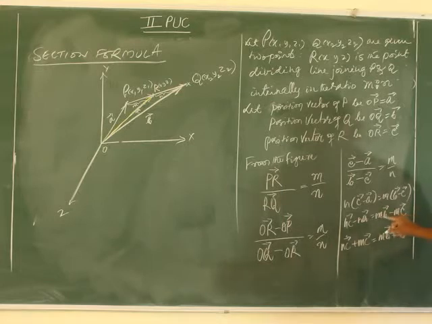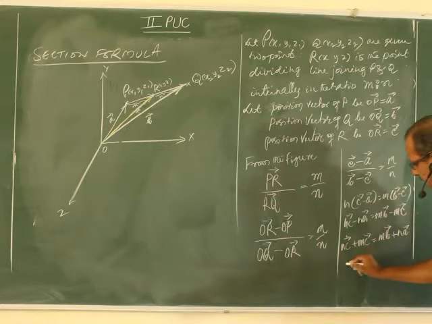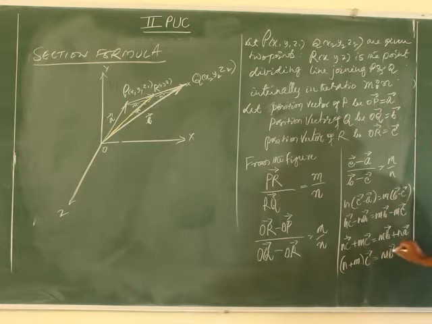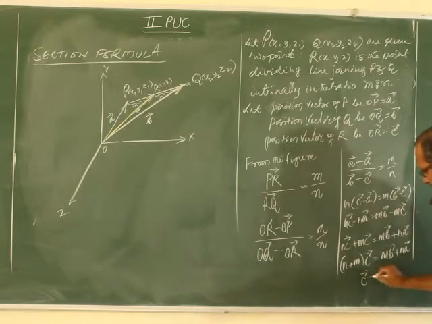Correct, no? So that you can take C outside: (n plus m) C equals mB plus nA. Or finally, C equals (mB plus nA) divided by (n plus m), or m plus n.